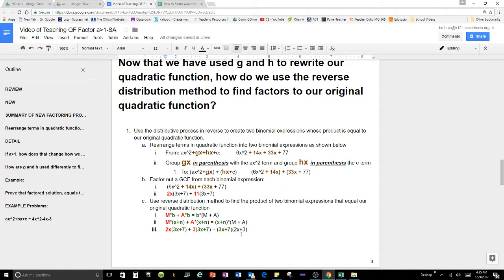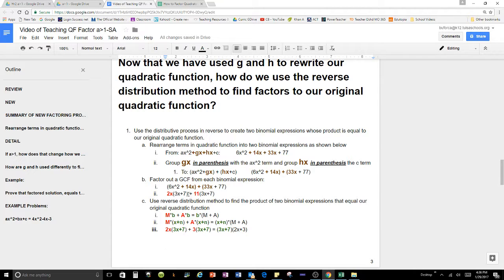So this is basically how we come up with the solution for a factored quadratic function when a is greater than 1. We have to basically rearrange our quadratic function. We get g and h, then we use g and h to split up bx, and then we rearrange that into gx and hx and group them into two parentheses like we've done here.